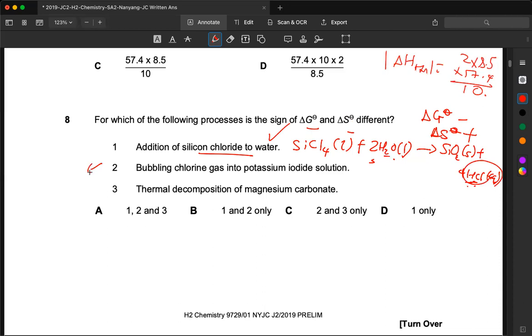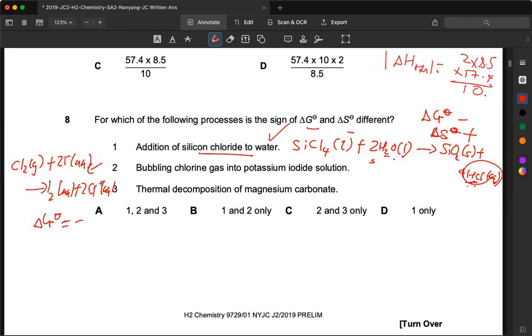Then look at 2. For this one, bubbling chlorine gas into iodide, delta G is obviously negative, confirm negative, because it most likely happens very easily, because chlorine is more reactive than iodine.